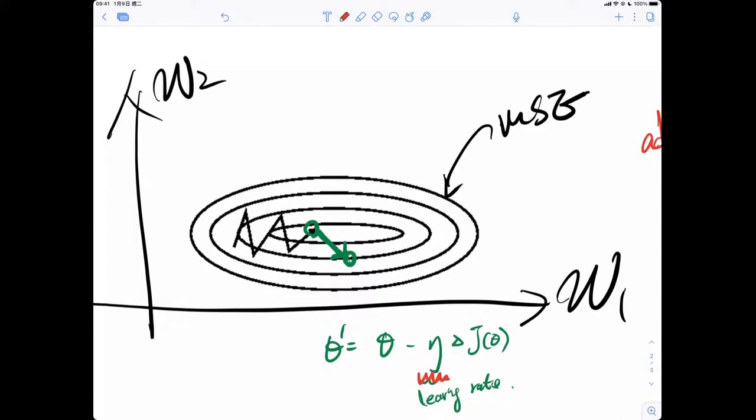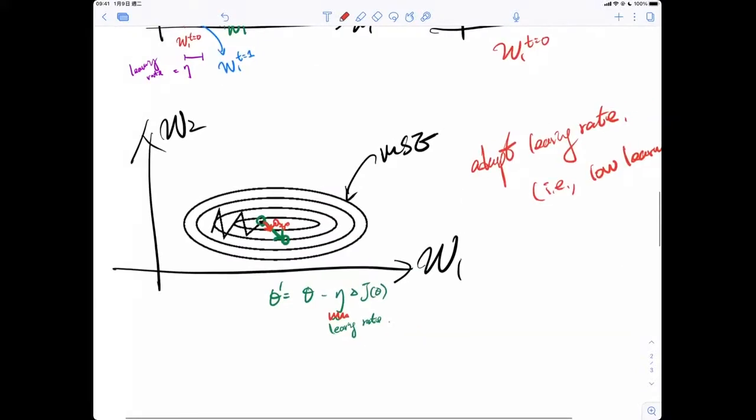When you approach the lower MSE value, you should decrease your learning rate so that you can make a very delicate move from the previous weight to the next weight. That is called ADA. I think it is quite easy to understand. The closer you are to the lowest MSE value, the more you should decrease your learning rate, so that you can approach it closely.